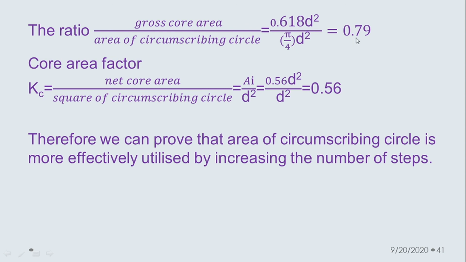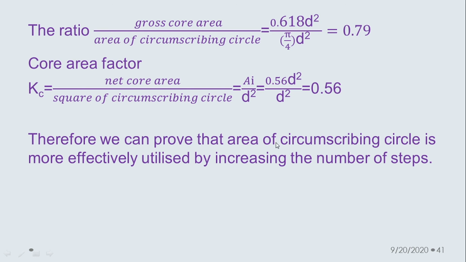So you will get 0.79. Now the core area factor: net core area by square of the diameter, so AI by d square. In the case of the cruciform core, it is 0.56 into d square divided by d square. So we will get 0.56.